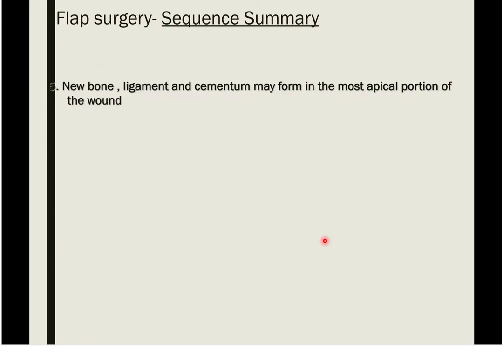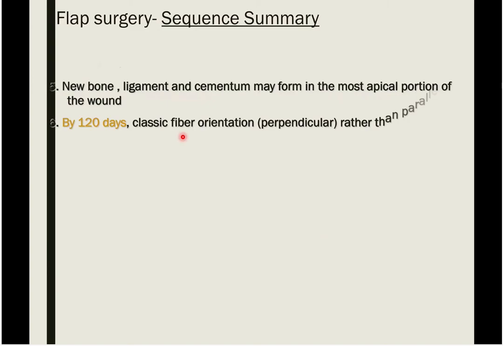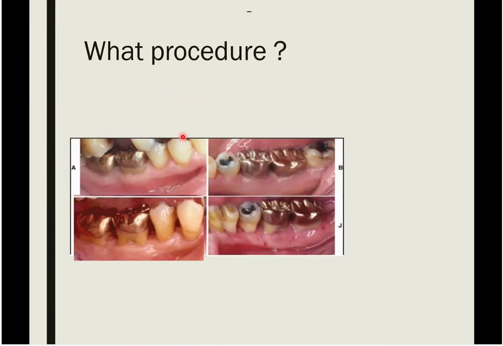Based on general wound healing of a flap, we don't probe our patients until 3 months after any flap surgery. That's because of the length of time it takes to get new bone, ligament, and cementum and get it back to the classic fiber orientation, being perpendicular rather than parallel. So that was wound healing, which was last semester.